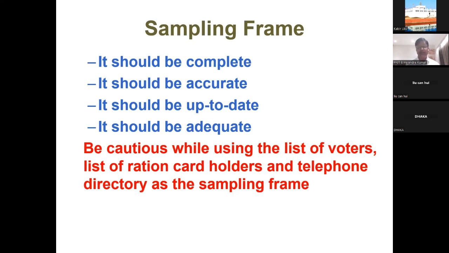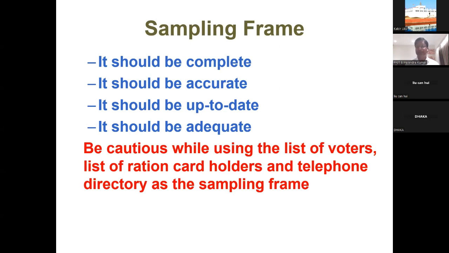Further, it is not accurate, complete or up to date in the case of voters also, because sometimes the list of voters is not correct. Even some names of persons are deleted from the list of voters at the time of elections.